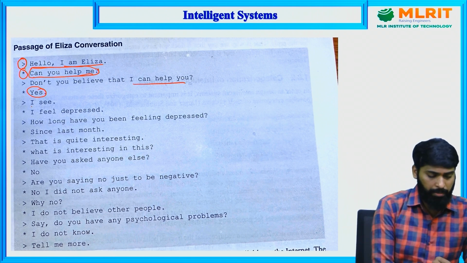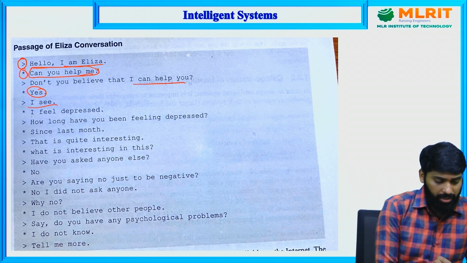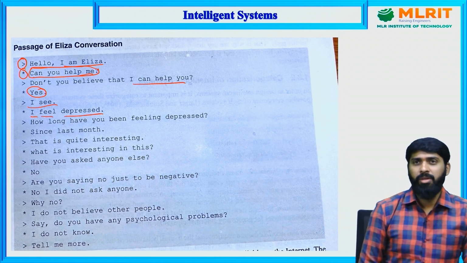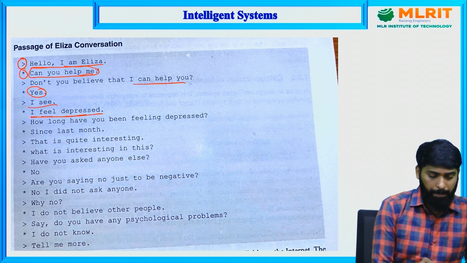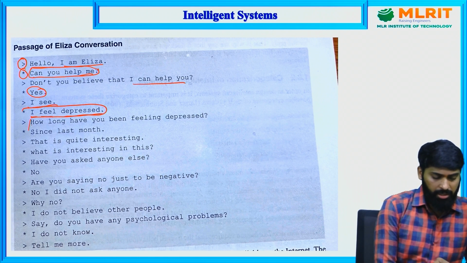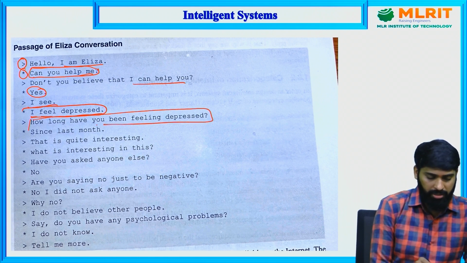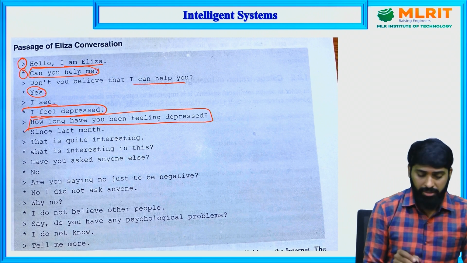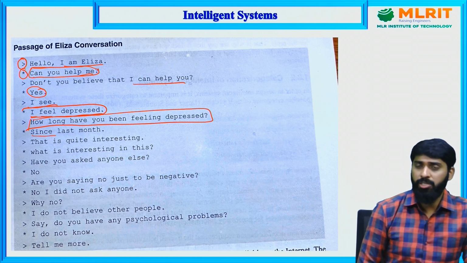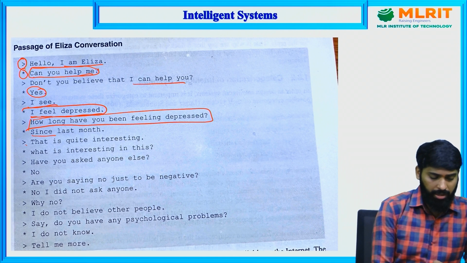Now ELIZA replies, I see. Now the user gives the input, I feel depressed. Based on the pattern, ELIZA gave the response, how long have you been feeling depressed? The user responds, since last month. Based on that, again ELIZA responds, that is quite interesting.